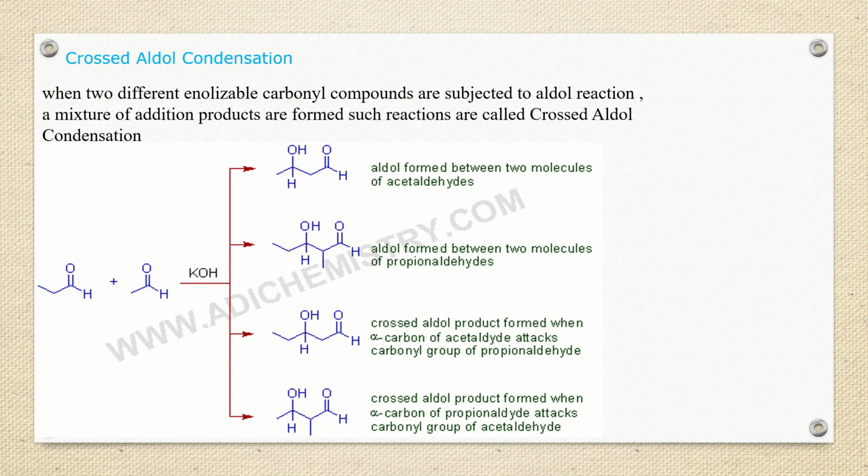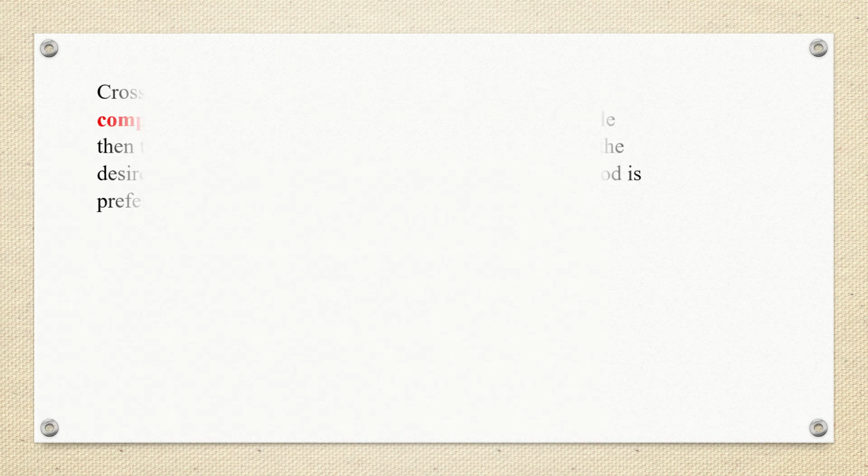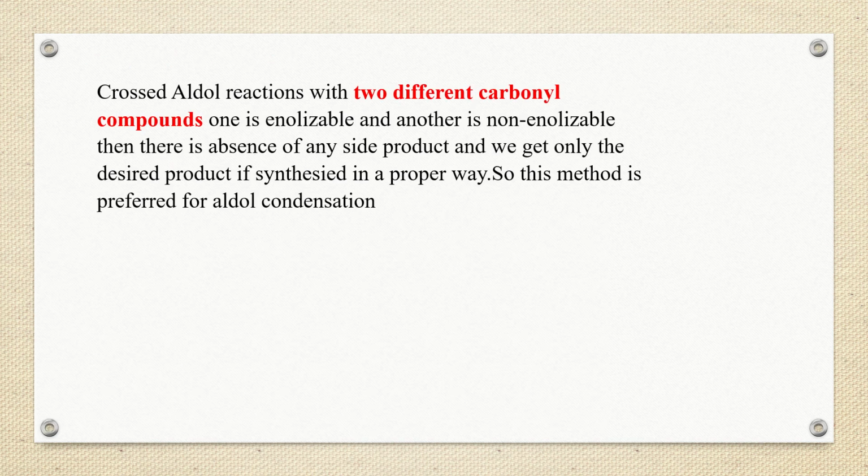In order to go for a cross aldol condensation reaction, you need to take some precautions in order to get a unique product. So how are we supposed to go for it?